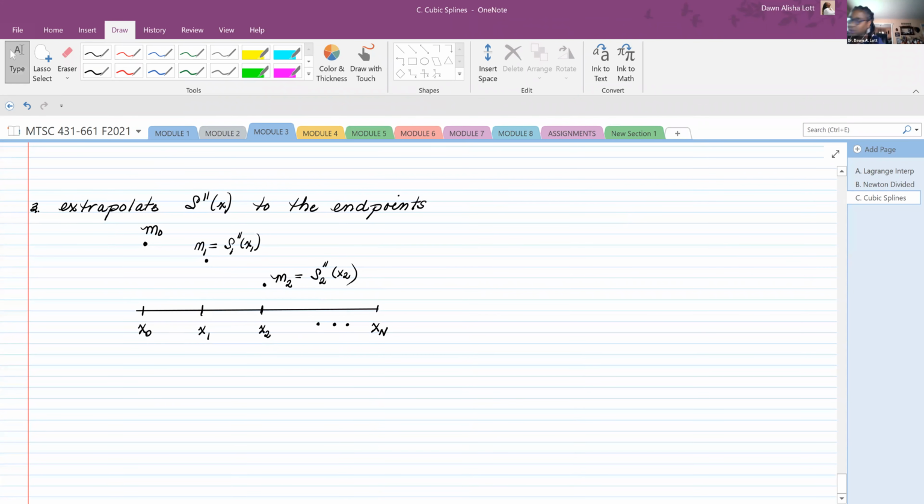So on the left-hand side, the ratio of M2 minus M1 divided by X2 minus X1 has to equal the ratio of M1 minus M naught to X1 minus X naught. And then I just solve for M naught.